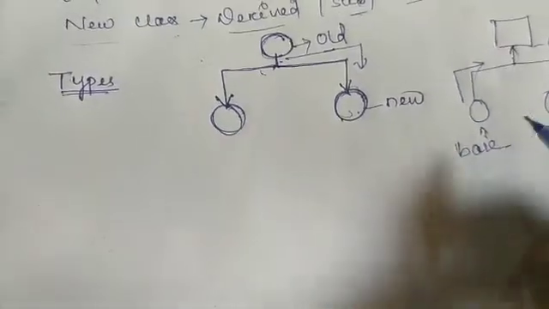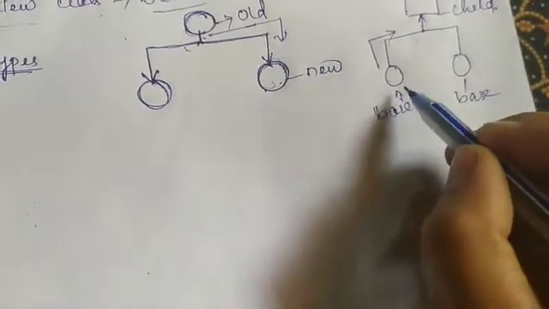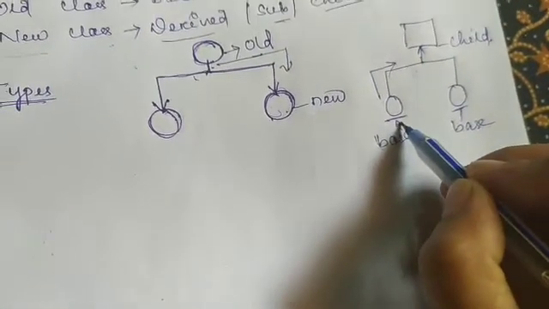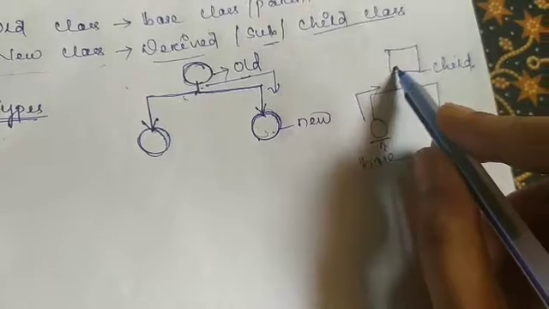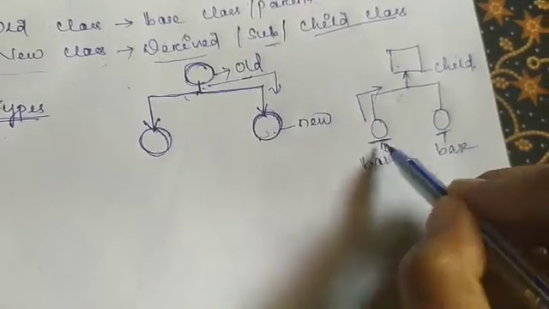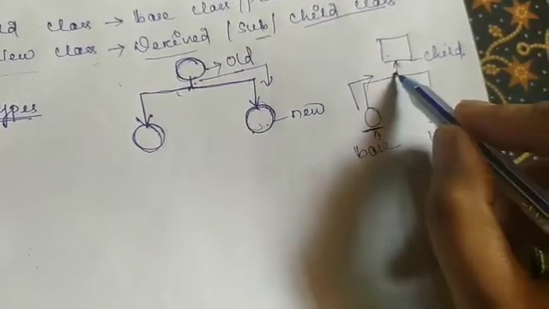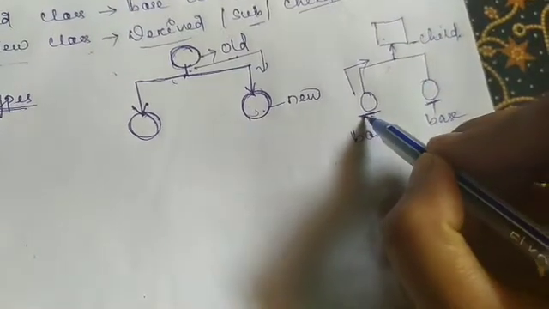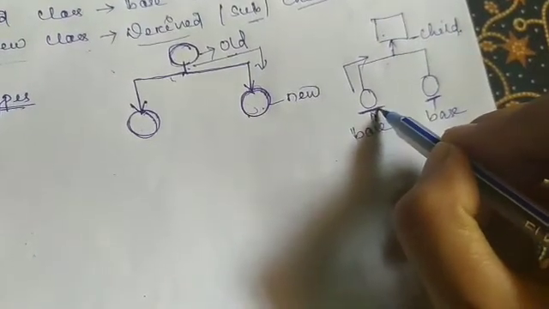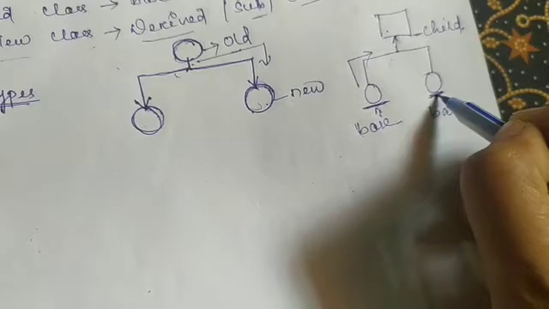So you have to follow the arrow mark. Like this example, it is like your father and mother. This is the child. The father is a base class, the mother is also a base class. The child can carry some characteristics from its father, and some characteristics from its mother.